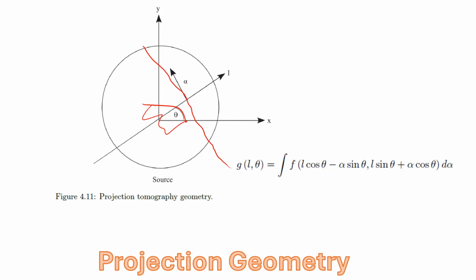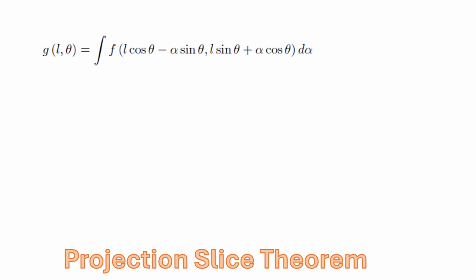This model is based on Beer's law, which suggests that there's exponential attenuation in the ray due to the density of the object. We can linearize the object into this integral form by assuming that the modulation is relatively weak, as discussed in the text. Now, assuming that this is our measurement, we have our forward model for projection tomography.